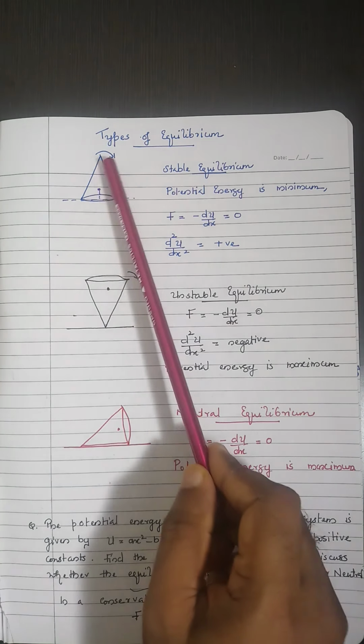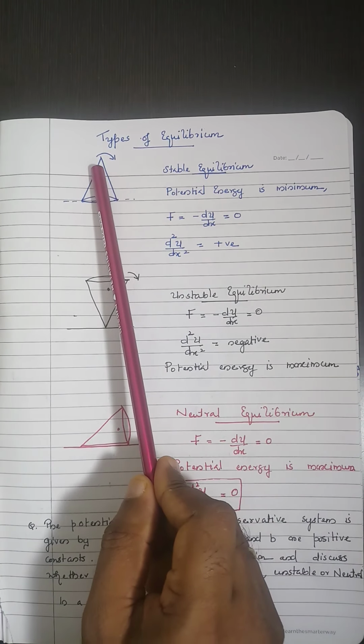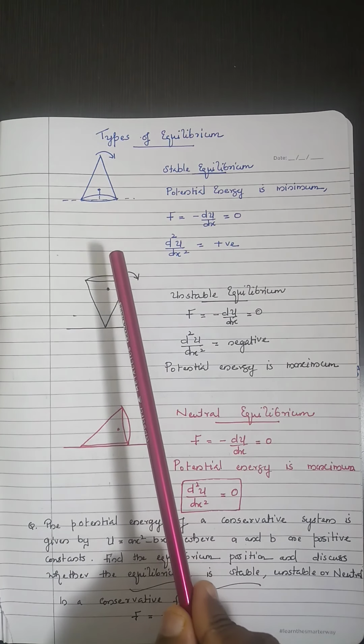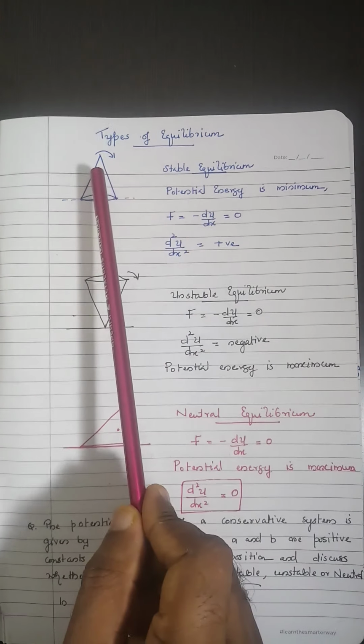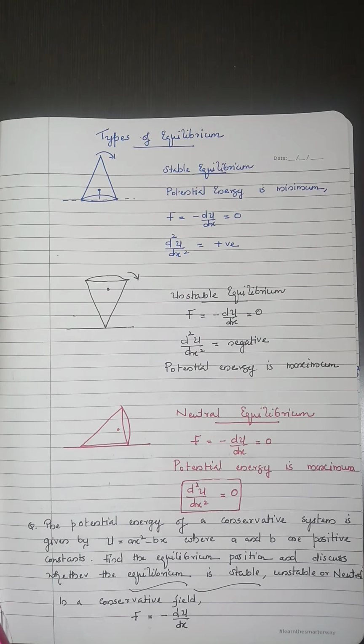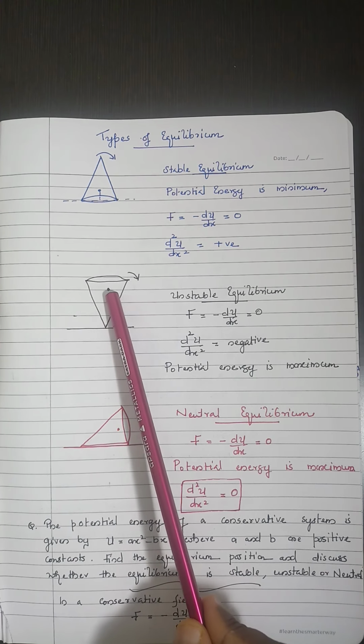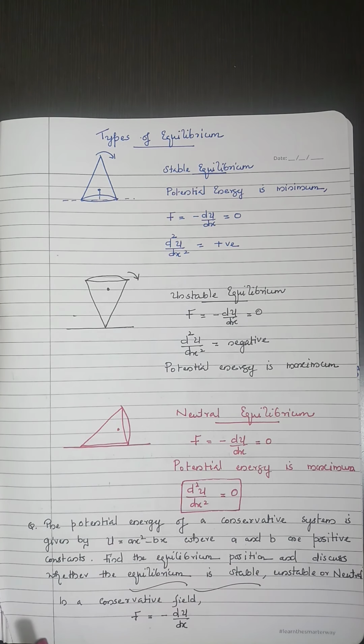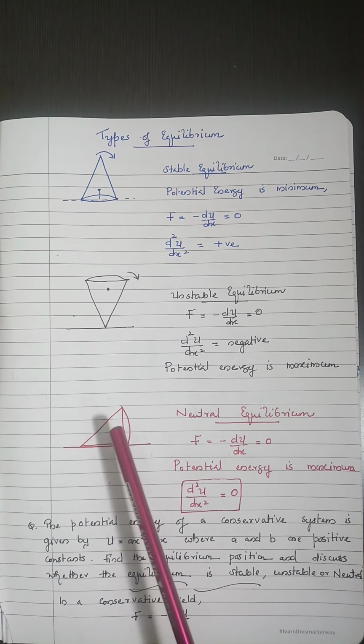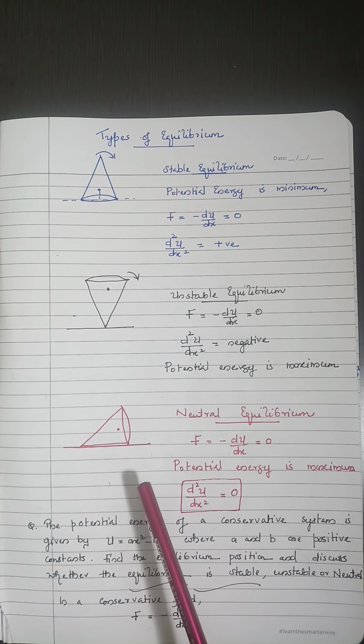If you tilt or displace the cone slightly and it regains its original position, then we can say it is stable. If it is not possible to regain it, it is unstable. But if we give a tilt and it continues in that state, it is neutral.